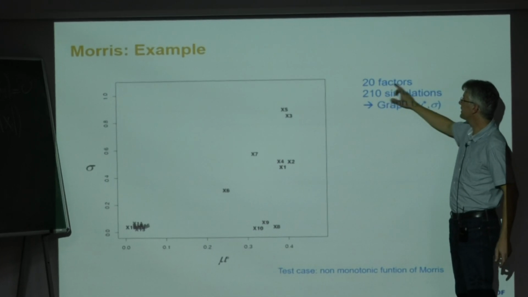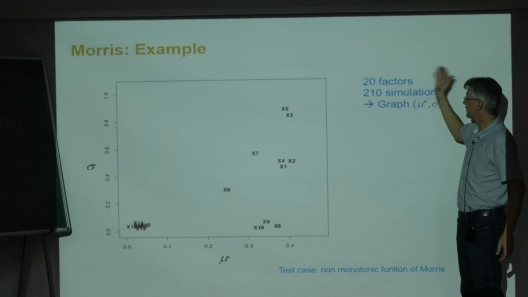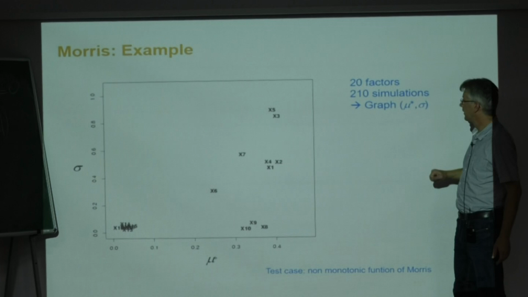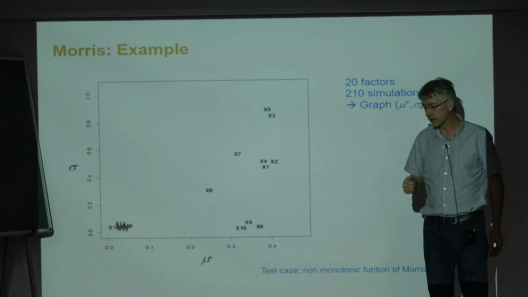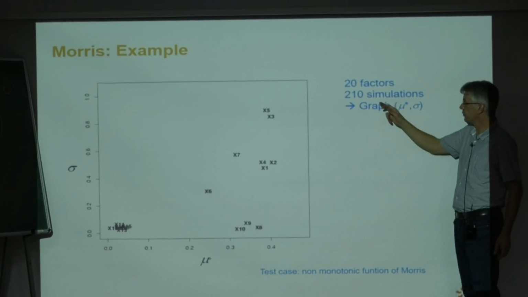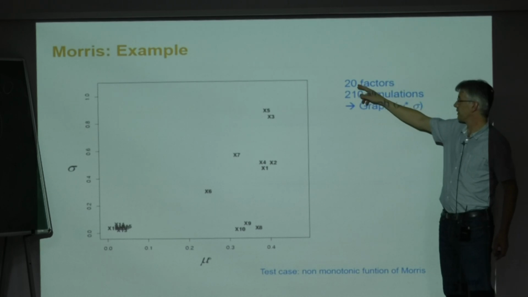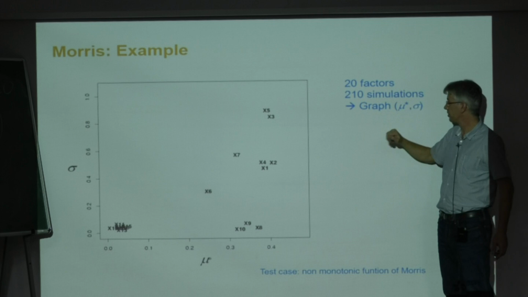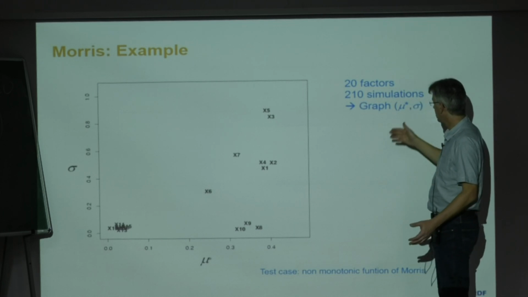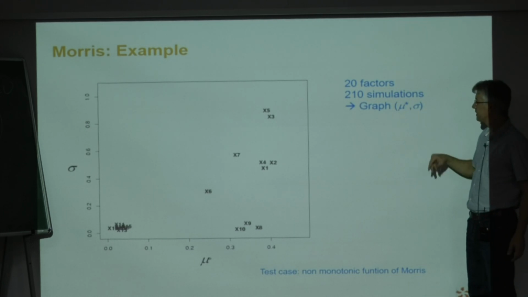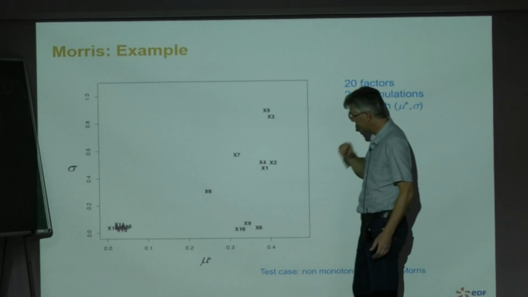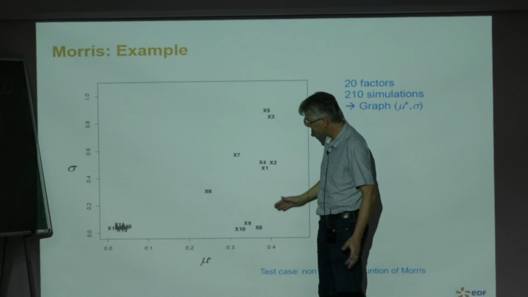Imagine that we have 20 inputs. I call them factors here. This is the same, 20 factors. We have taken R to 10, so we have R times 20 plus 1 simulations, 210. We compute the mu star and the sigma for each input, and we obtain a figure like this.